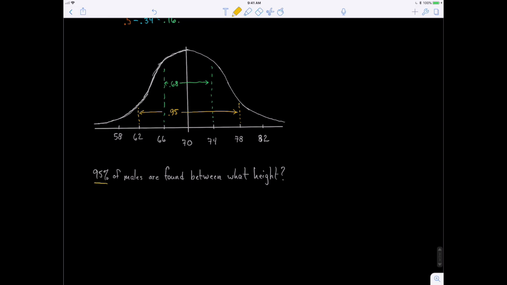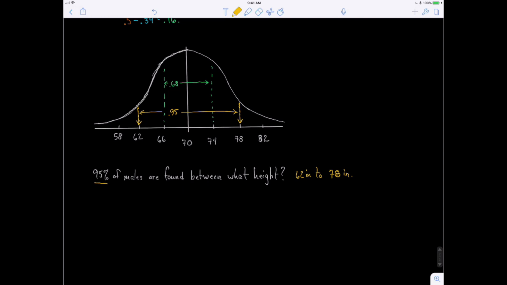So now we can just come here and we can look down, and there are our heights. So we could say 95% of males are between what height? The answer would be 62 inches to 78 inches.